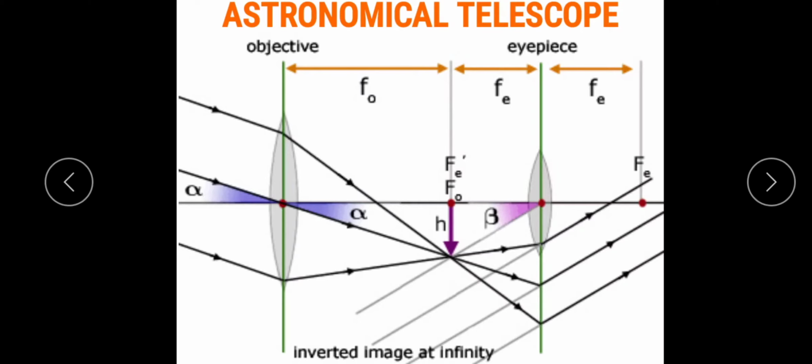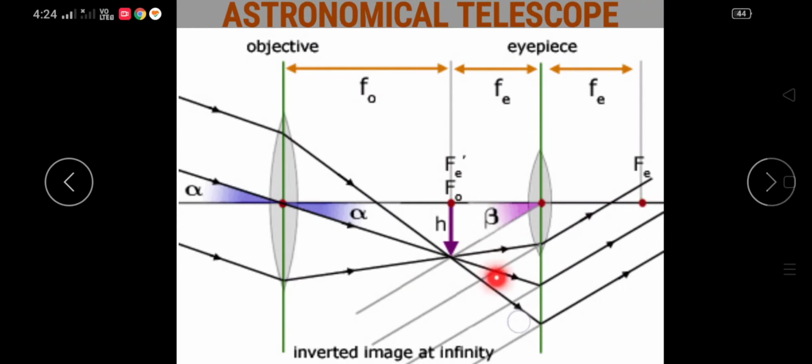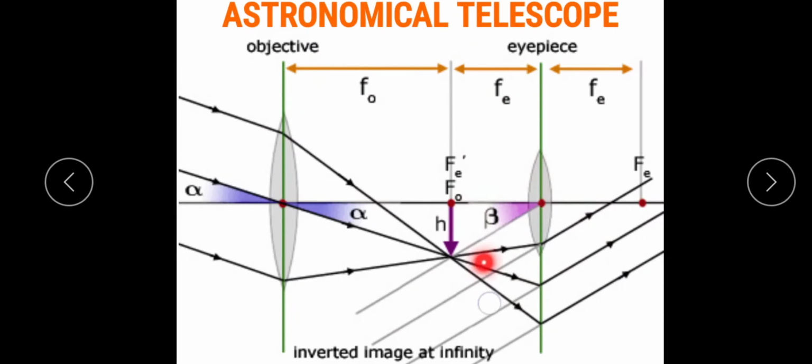The first one is the objective lens, which has a larger focal length and a large aperture. The second one is the eyepiece, which is represented by a capital A, having a small focal length and a small aperture.